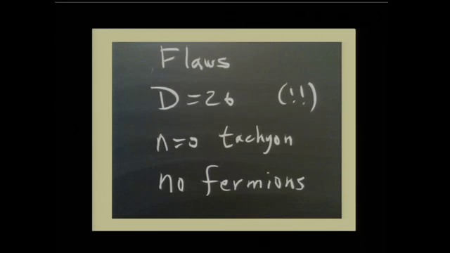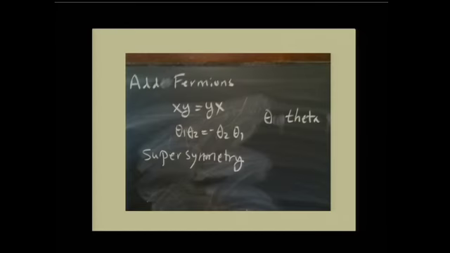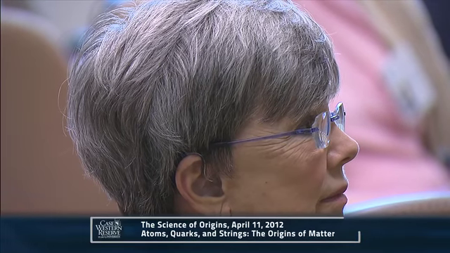And the final part is, you remember we had the quarks and leptons, which were called fermions, and there's no such objects in that theory. So how do you add those in? Well, you actually add more dimensions, but these are funny dimensions. We're used to a space in which we've got an x direction and a y direction. If I measure the x position of a particle and then the y position of it, and then do it the other way around, and multiply them together, xy is equal to yx.